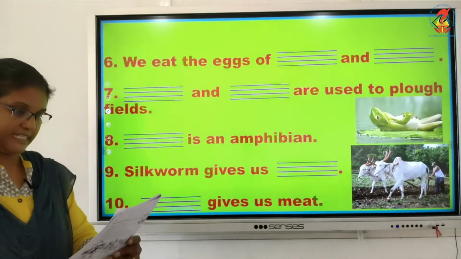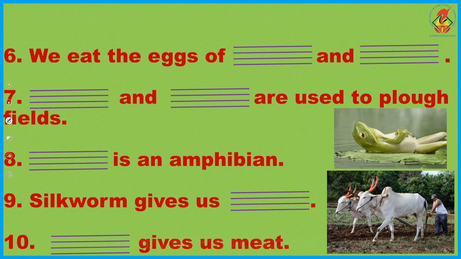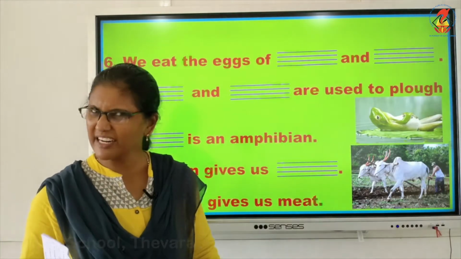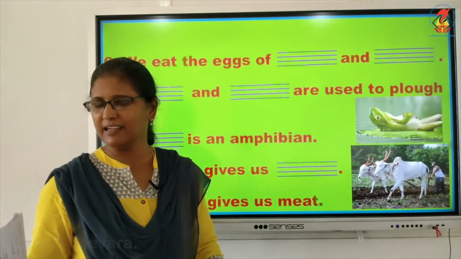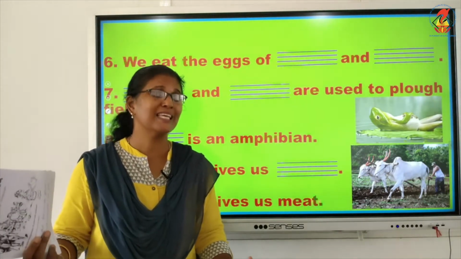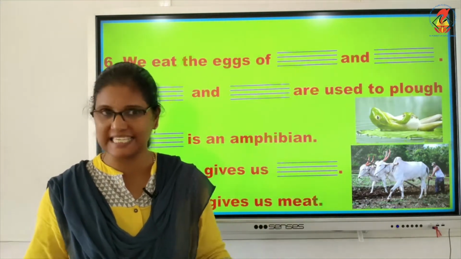Let's go for the next sentence. We have the sixth one now. We eat the eggs of dash and dash. What are the eggs that you eat? Crocodile? Nah. Then snake? No. Yes, we eat the eggs of hen and duck.